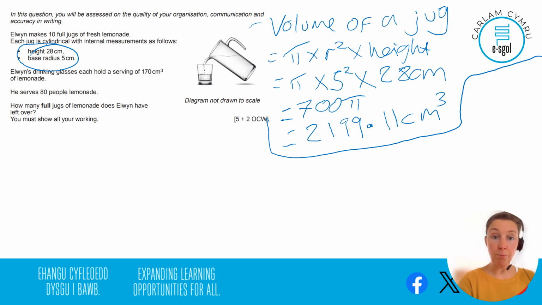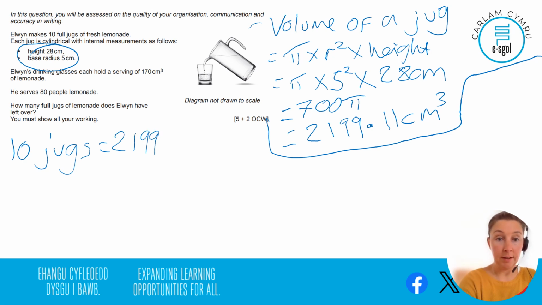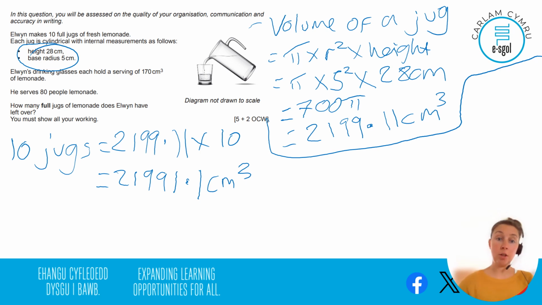So our step 2, or next step, will be to work out how much 10 jugs are. So this will equal 2199.11 times 10, which gives you an answer of 21991.1 centimetre cubed.